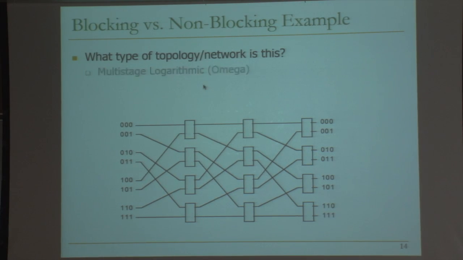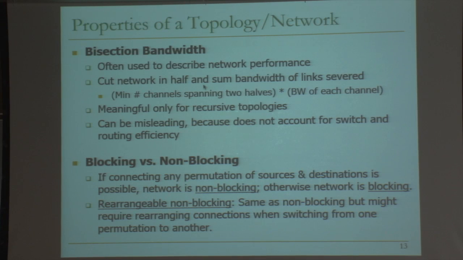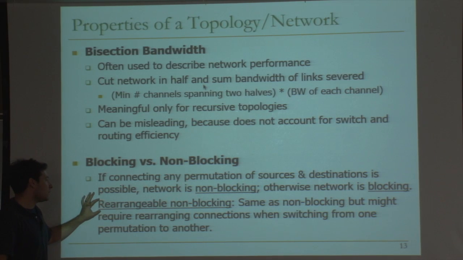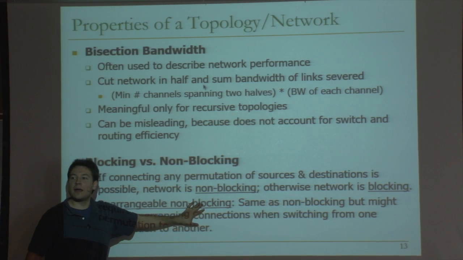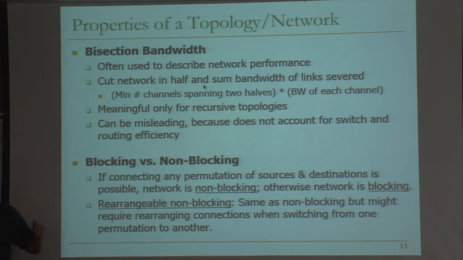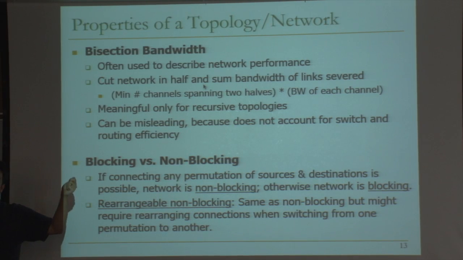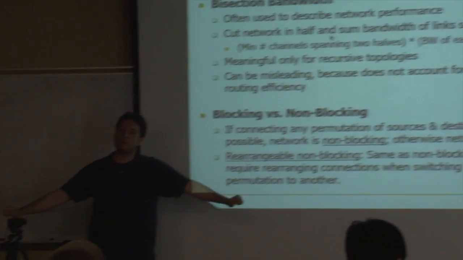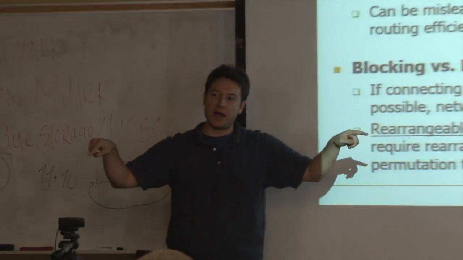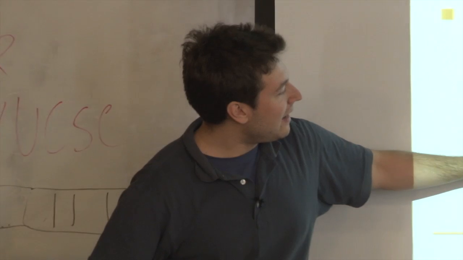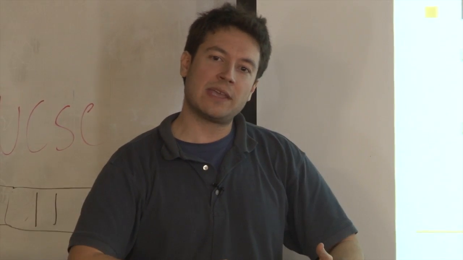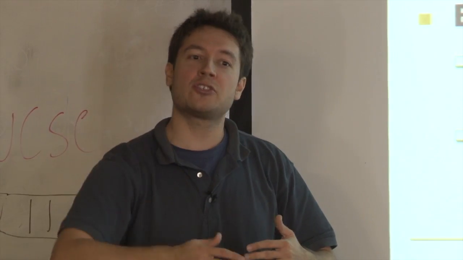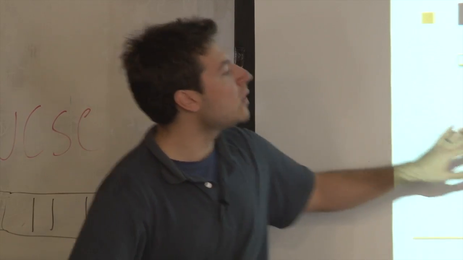I'll just mention one more distinction, but I won't go into examples for this. There's also the notion of rearrangeable non-blocking. And again, if you think back to the telephone networks, if you had n people talking with n people, and then two sets of people hang up, and they called each other crosswise, then if the fabric can only allow everyone to communicate by changing some connections, then it's rearrangeable non-blocking.